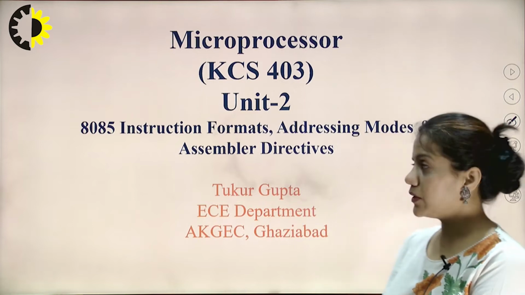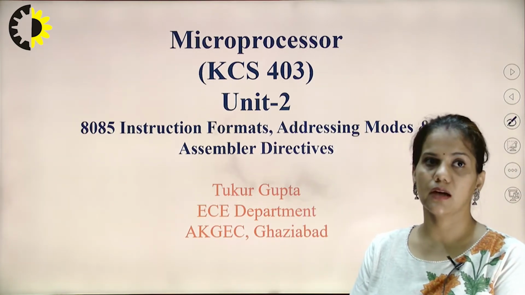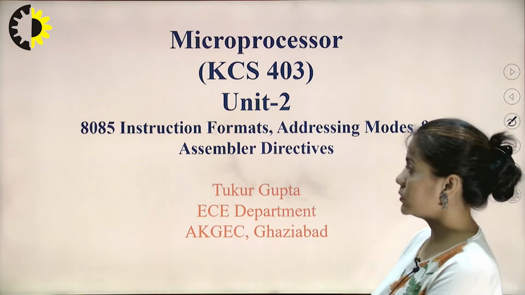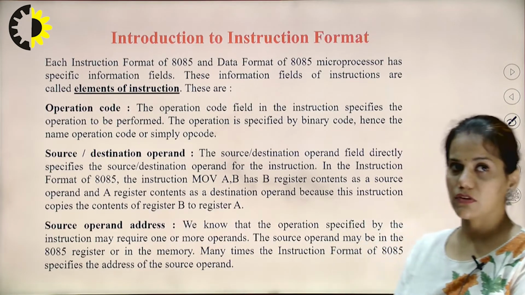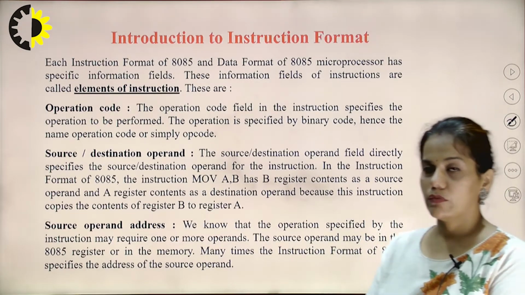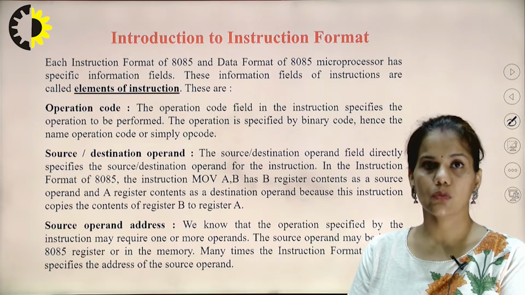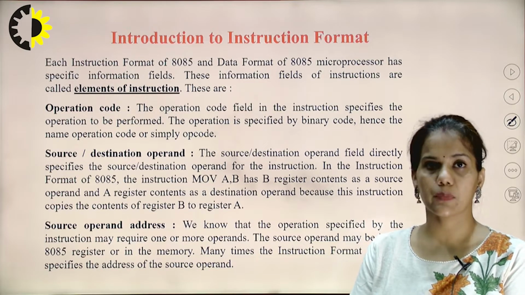I am covering the second unit, and today the topics that I will cover are instruction formats of 8085, addressing modes, and assembler directives. So what are instruction formats? Whenever you consider any instruction of 8085, you will see some instructions are very small in length, some are pretty long.